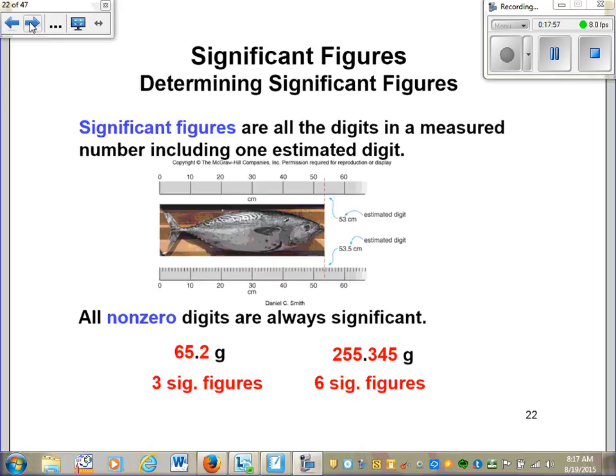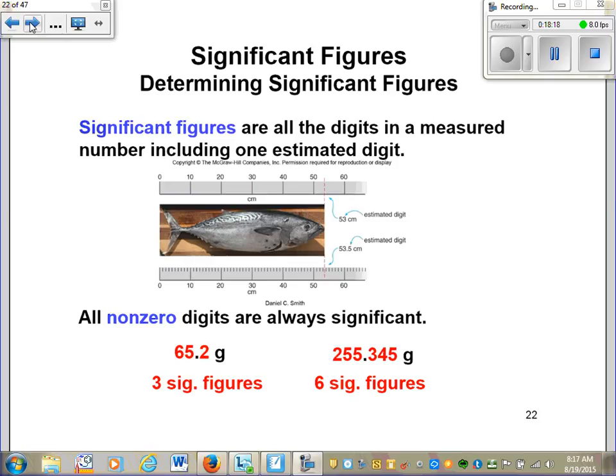So here, we're measuring this fish using 2 rulers. If we look at the top ruler, we can see that the fish is at least 50 centimeters long. We know it's at least 50 centimeters.